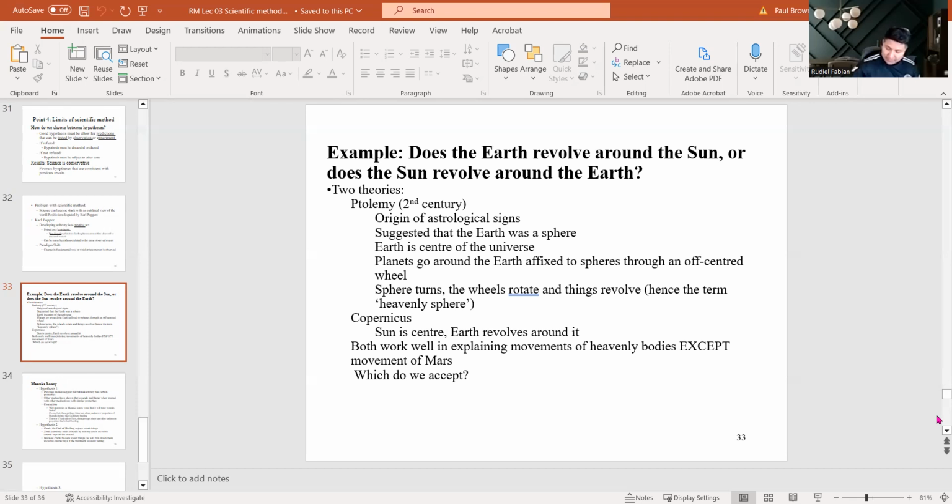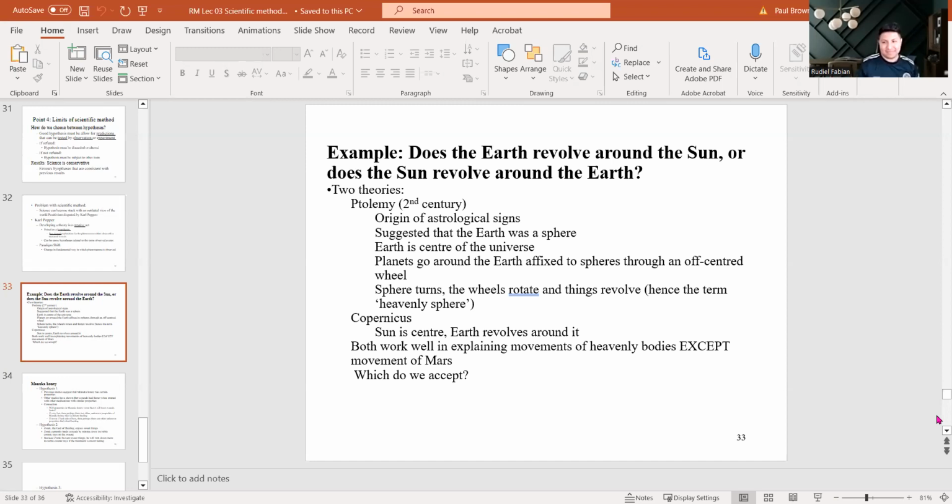Why was the Catholic Church so adamant about the paradigm that the sun revolves around the earth? Well, because God created the earth, right? Who did God create the earth for? Men. Sorry, not women, just men. Just men, right?